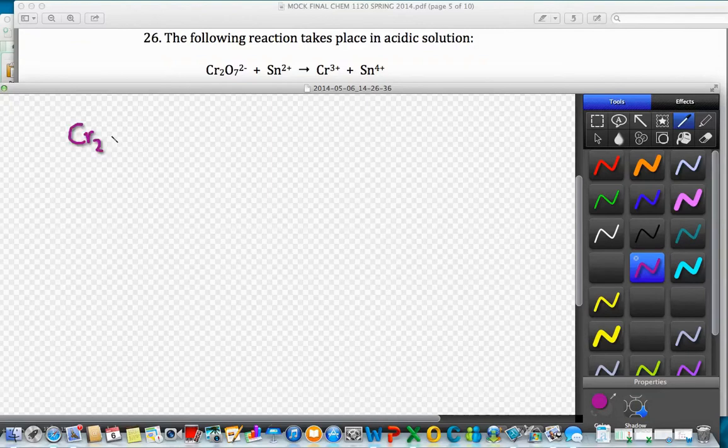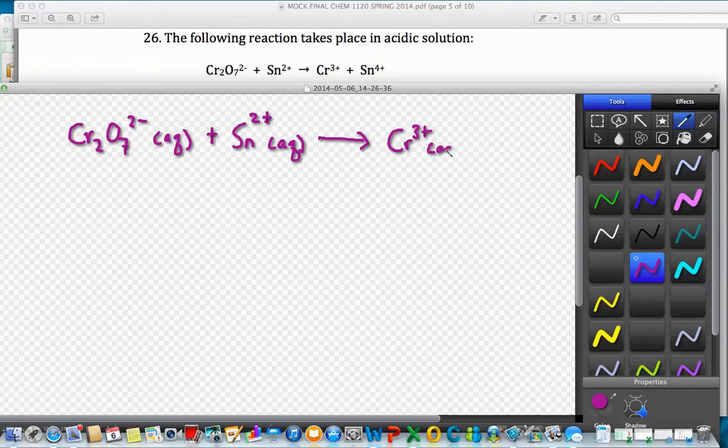We have Cr2O7 2- aqueous plus Sn2+ aqueous yields Cr3+ aqueous plus Sn4+. First thing we want to do is assign oxidation numbers.